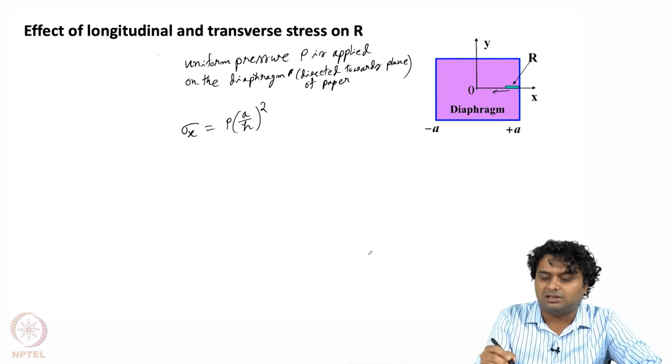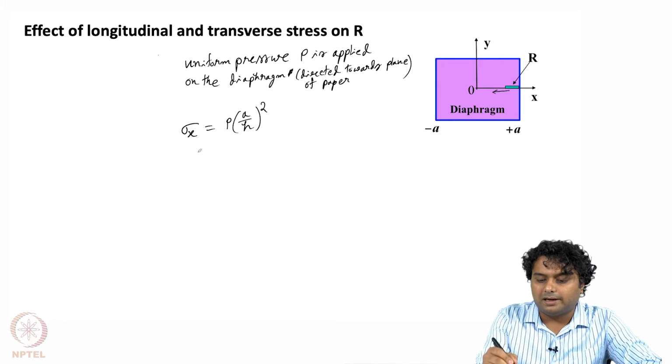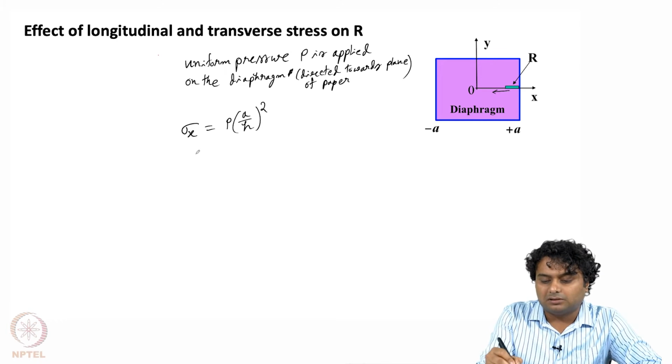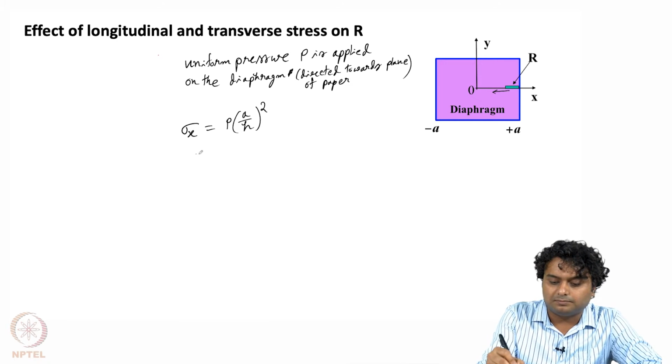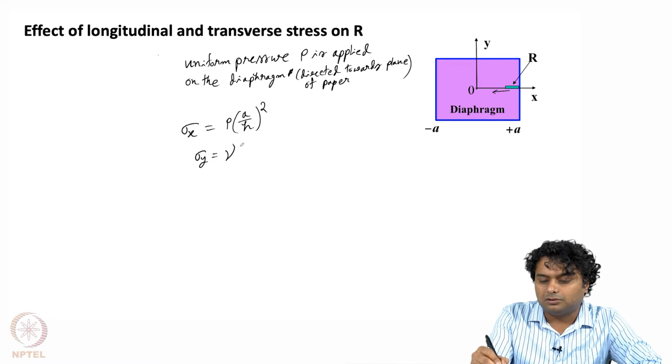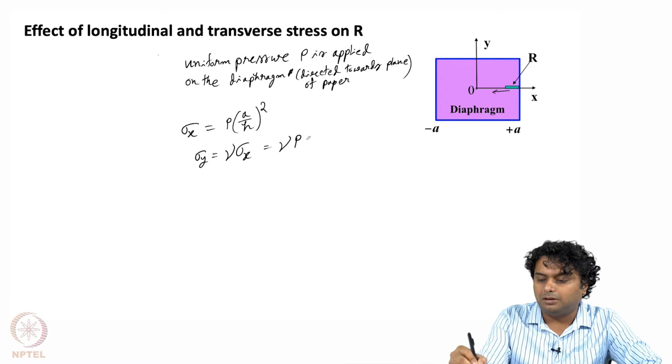Now, as we have discussed for Poisson ratio, the stress in the y direction will be just the Poisson constant nu into sigma x. So, sigma y is equal to nu into P into A square by H square.